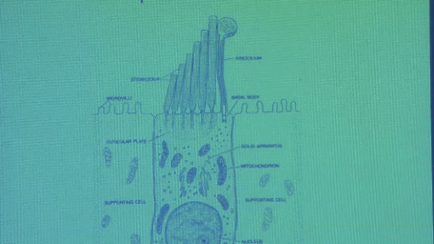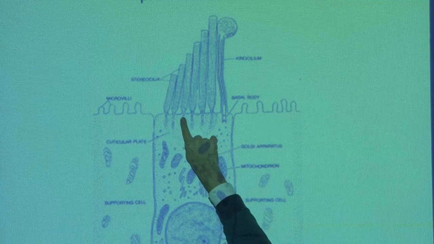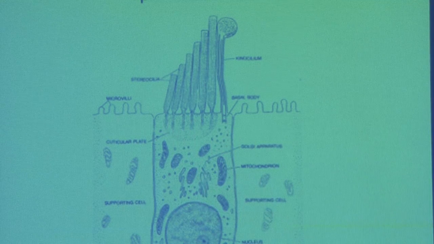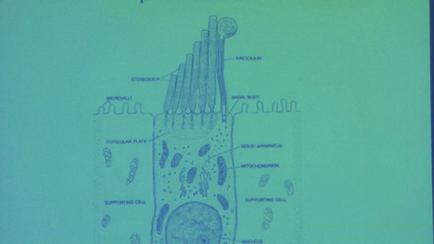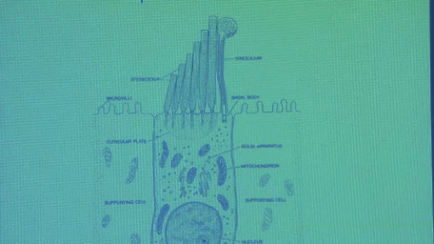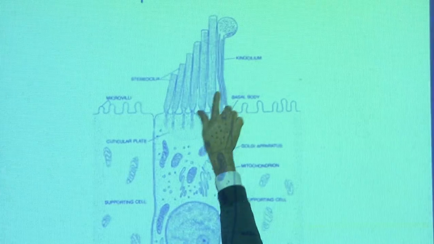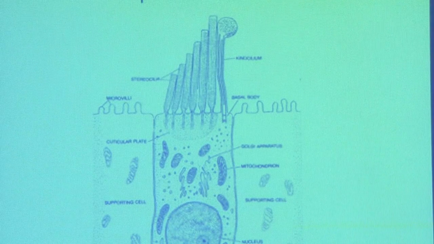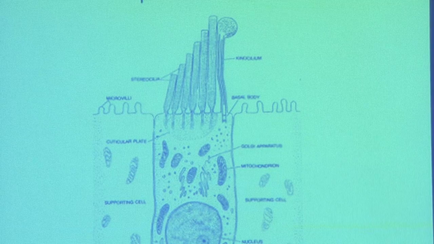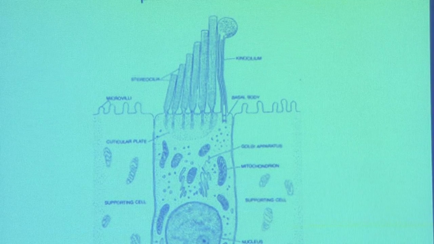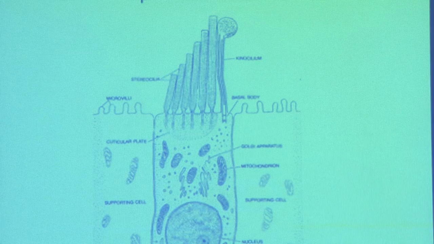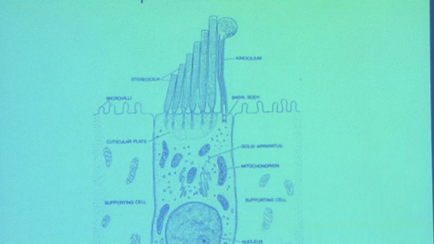And the base of these stereocilia, right as they insert on the part of the cell right there, they're very stiff structures. Furthermore, they're all attached one to another. So all the stereocilia on a hair cell tend to move together back and forth in response to sound.